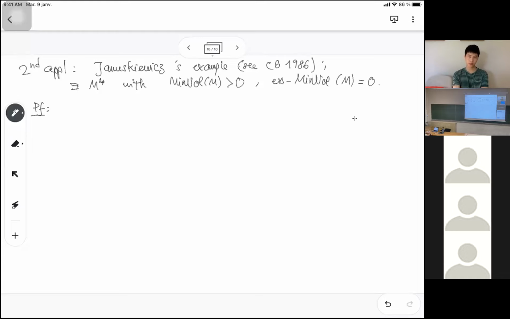Once you have an F structure of positive rank, you saw, as in the proof of the last application, that the essential minimum volume is going to vanish automatically. So that's going to give us an example of a manifold that you can collapse geometrically, meaning the injectivity radius is going to 0 everywhere, but the volume cannot be collapsed to 0. There's a definite positive lower bound for the volume if the sectional curvature is unbounded.